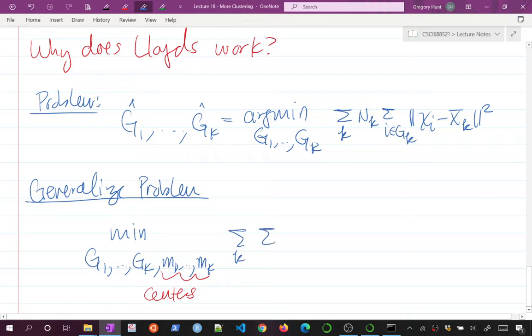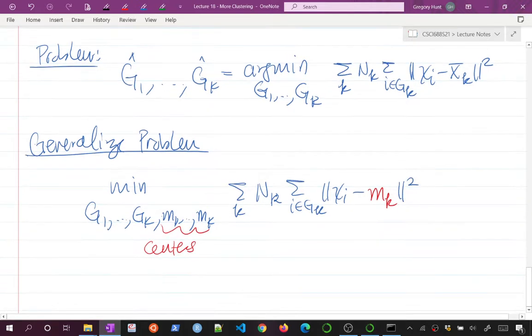We're going to generalize it by saying the criterion we want to minimize is the sum over K of NK times the sum over i in my group. And now instead of writing X bar, I'm just going to say it's some M. This is a more general form.